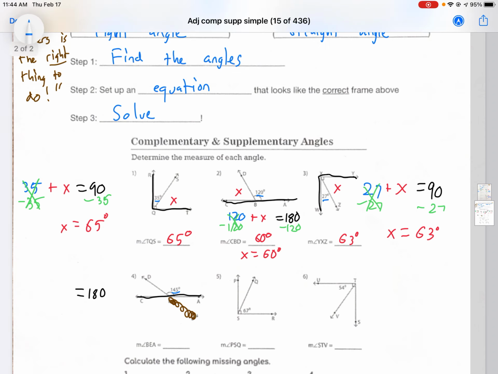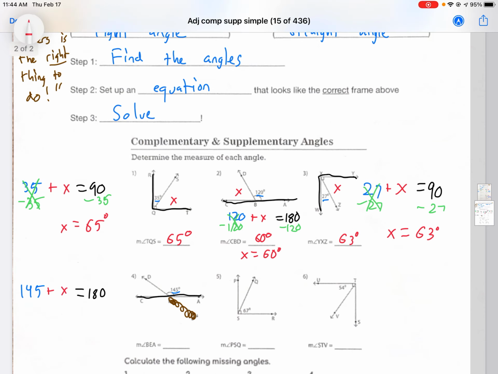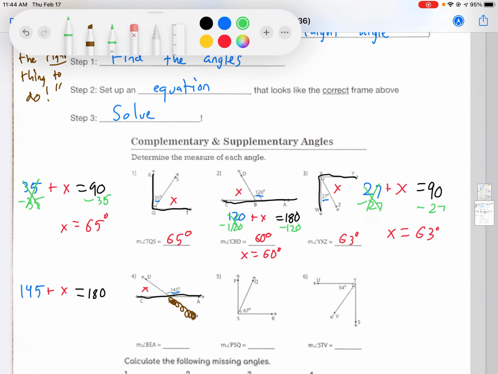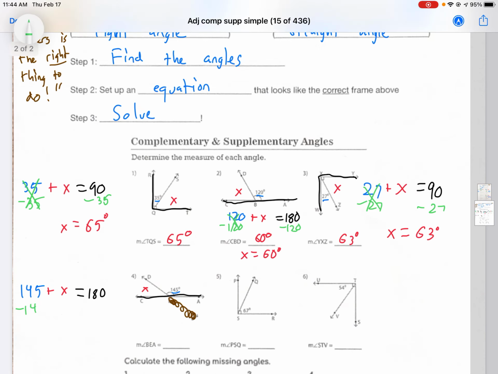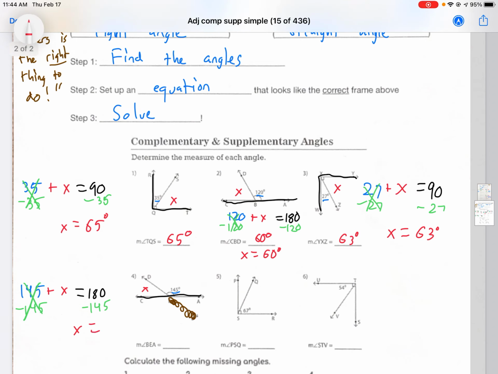I know my 2 angles add up to 180 degrees. I know one of them is 145. I don't know the other one yet, so I'm calling it x. And then since I was adding to my variable, I get rid of that by subtracting. If I see plus 145, I minus 145. Those cancel. And if you already have it, or if you would rather do it on your calculator, that is 35 degrees.